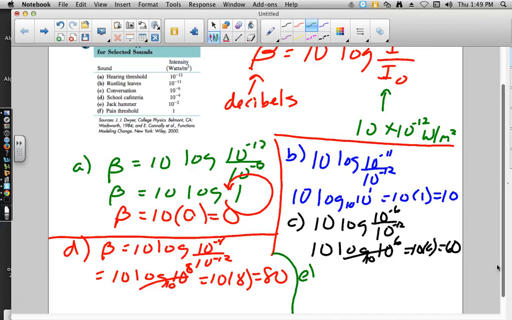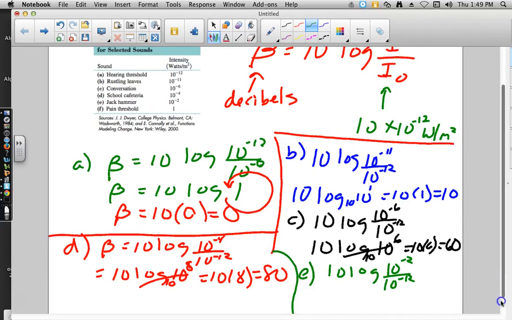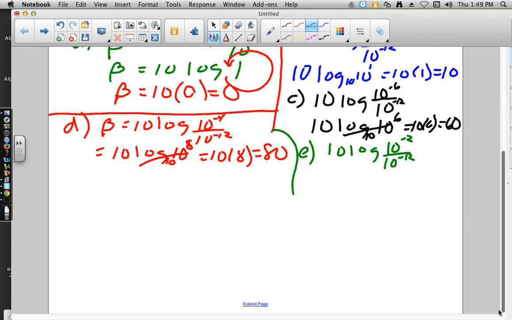E, a jackhammer. We would have 10 logarithm, and we have 10 to the negative 2 over 10 to the negative 12. And again, we're going to be doing some subtraction because we have bases with division. So 10 logarithm of negative 2 minus a negative 12 will be negative 2 plus 12, which would be 10 to the 10th.